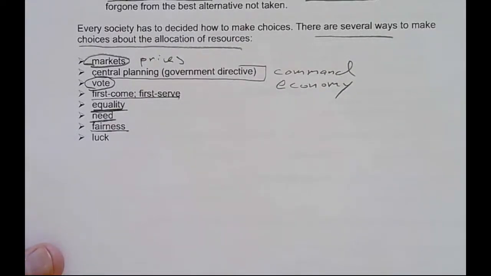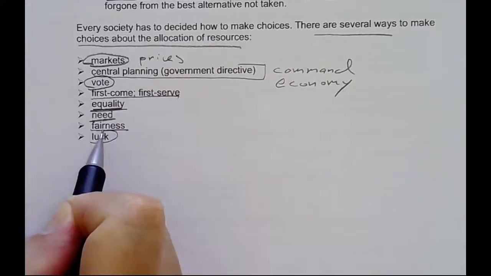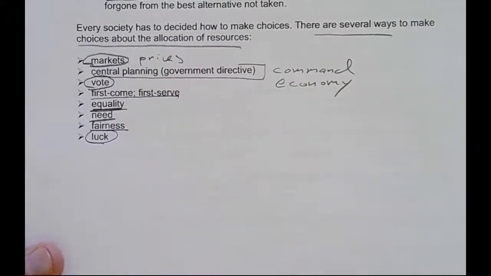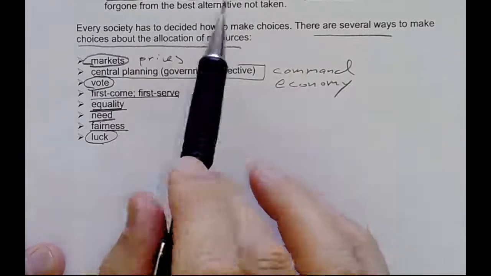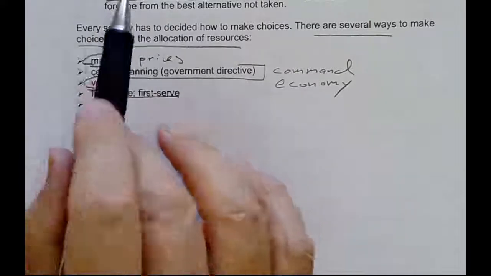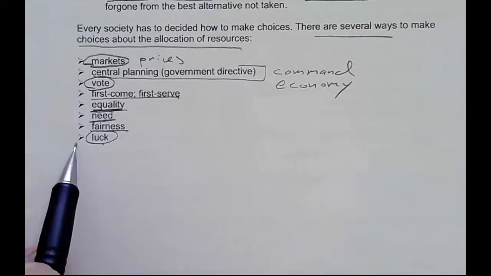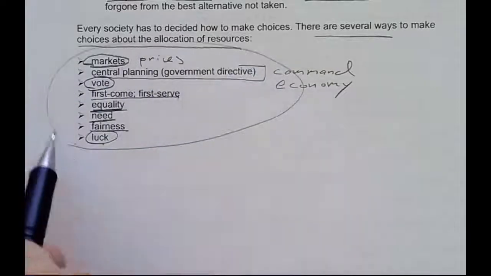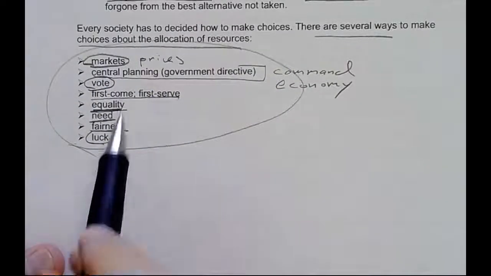And maybe luck. You can win the lottery in California. You could be born into a very wealthy family, and that's also lucky. So we can decide how to allocate our resources and answer these questions at the top there on many different kinds of mechanisms. But for most societies, it's usually markets and central planning.